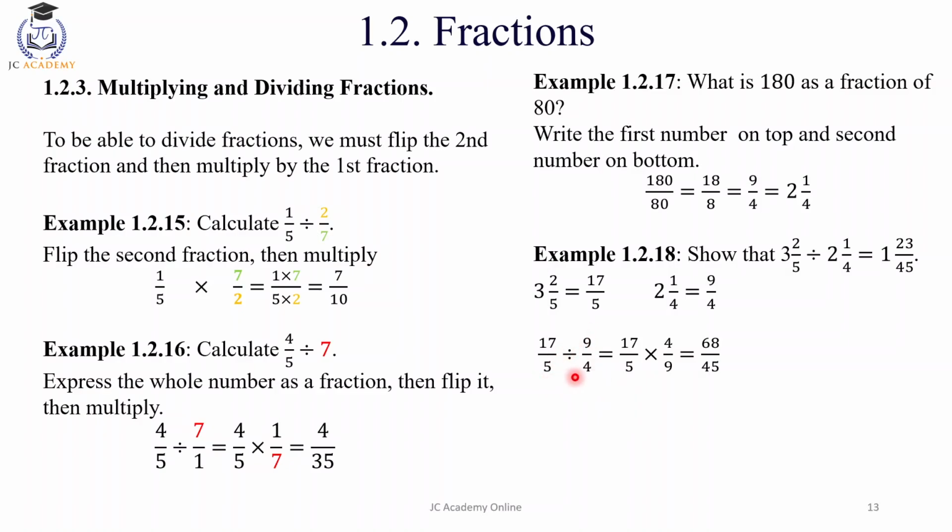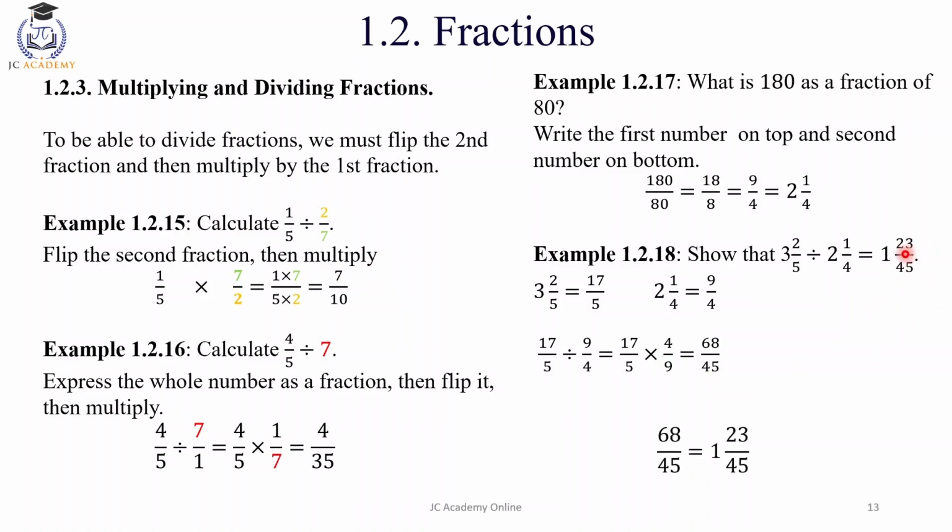Now we know when we have a division, we just flip the second fraction and change the operator from a division to a multiplication. So we have 17 multiplied by 4, which is equal to 68, 5 multiplied by 9, which is equal to 45.